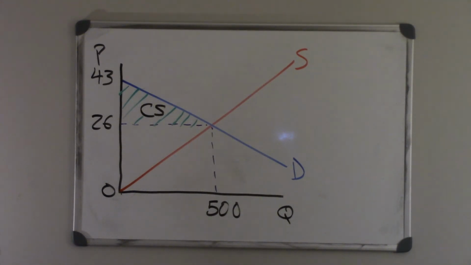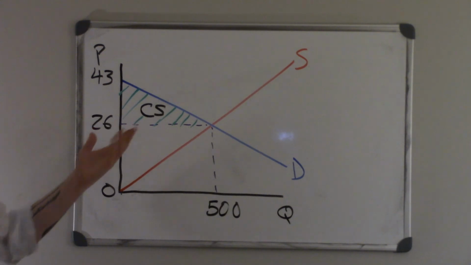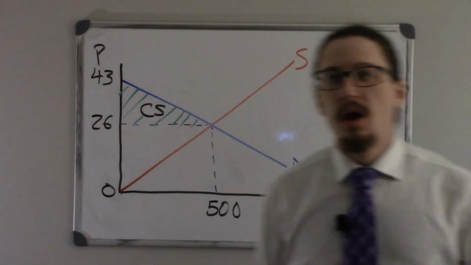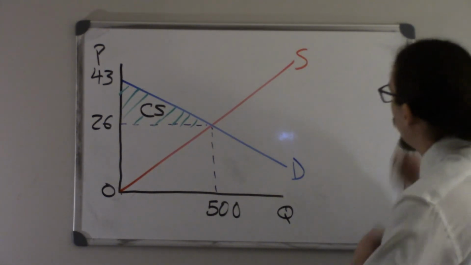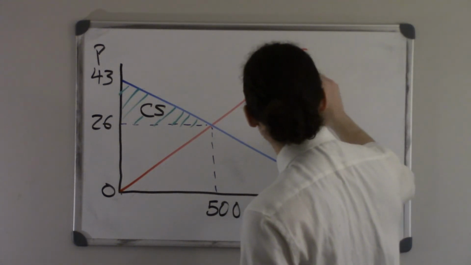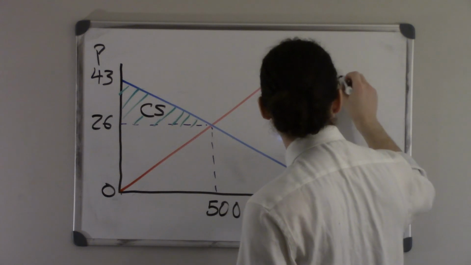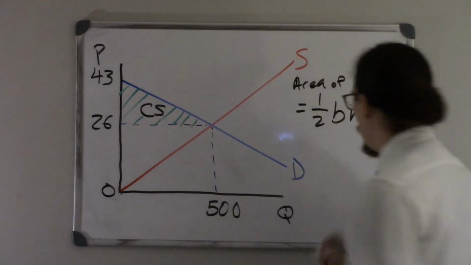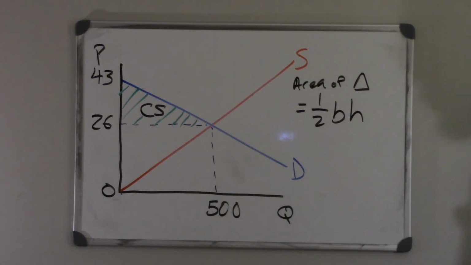Not only can we identify this graphically, but we can actually calculate a figure for our consumer surplus. Our consumer surplus is just that triangle, so we can use the formula for the area of a triangle, 1/2 base times height, to find our consumer surplus.